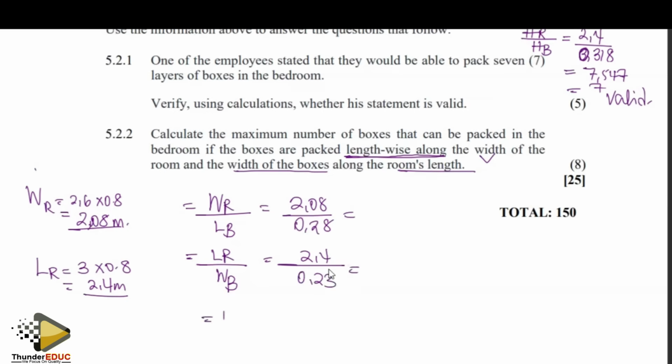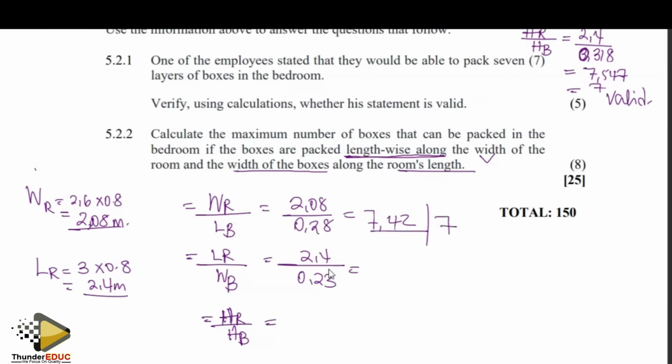The layers we've already seen: height of the room divided by the height of the box. So 2.08 divided by 0.28, we have the answer 7.42. And the final answer here is 7 boxes.